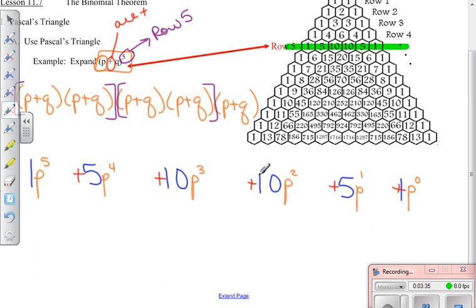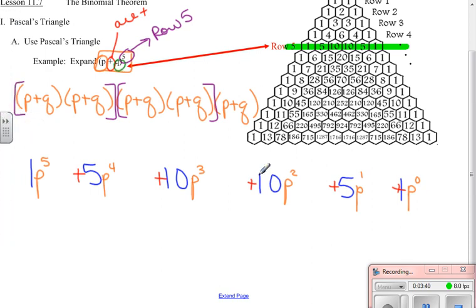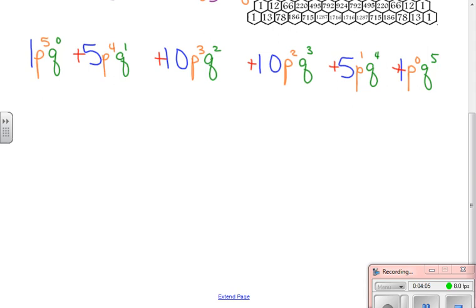Then I'm going to go back and take the second variable and go up, starting with 0. q to the 0, q to the 1st, q to the 2nd, q to the 3rd, q to the 4th, q to the 5th. I should never end up with a power higher than 5. But if you think about it, there are 1, 2, 3, 4, 5 p's and 5 q's that ultimately get multiplied together.